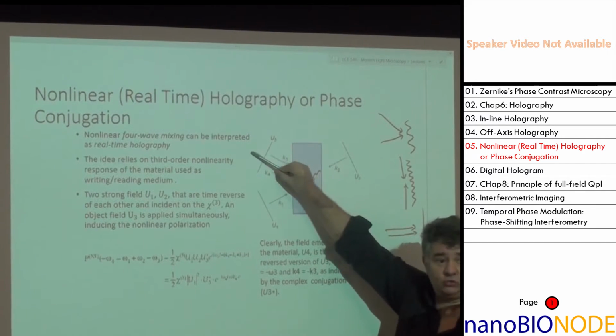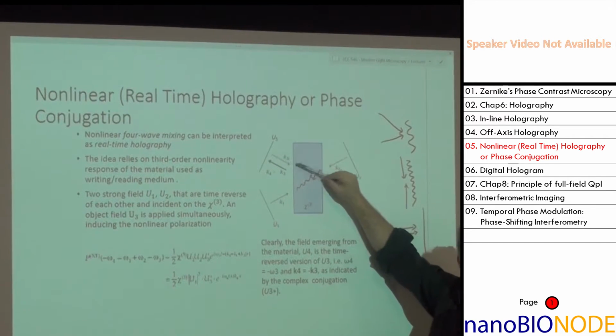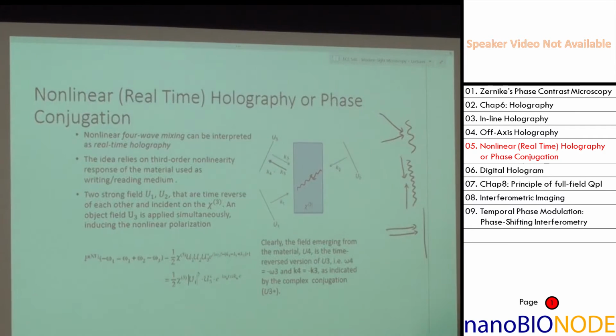This wave going outwards is the conjugate of the wave coming in. Hence the name phase conjugation.